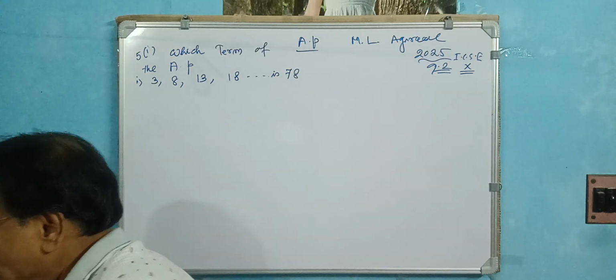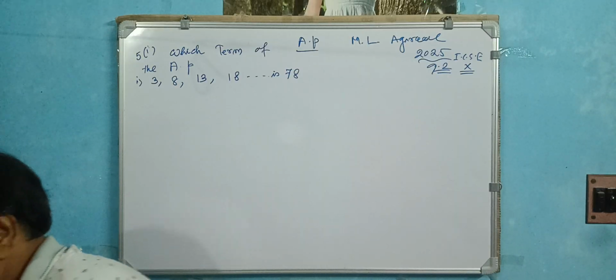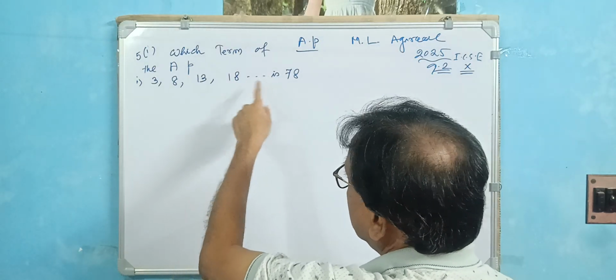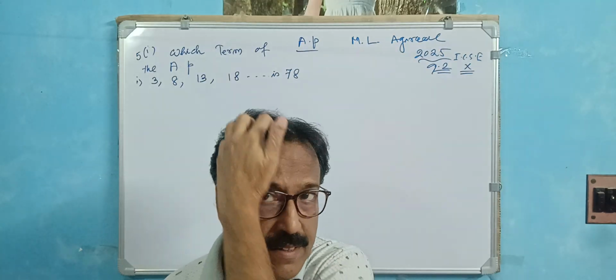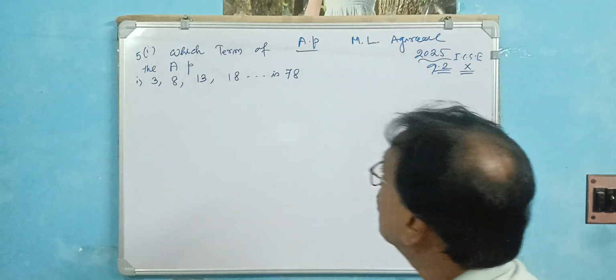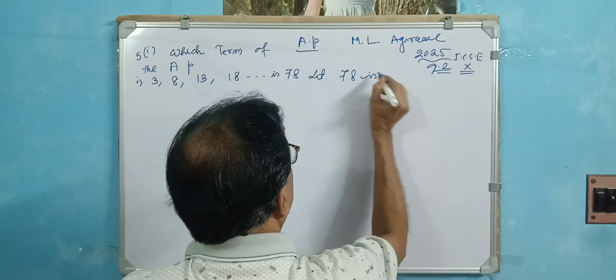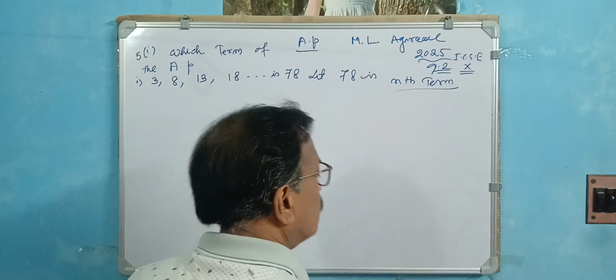That means this is an AP, and 78 is which term? We don't know, so 78 is the nth term.